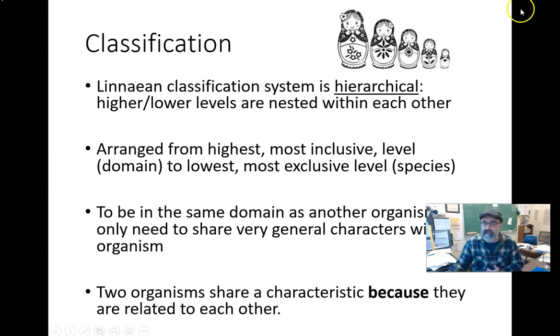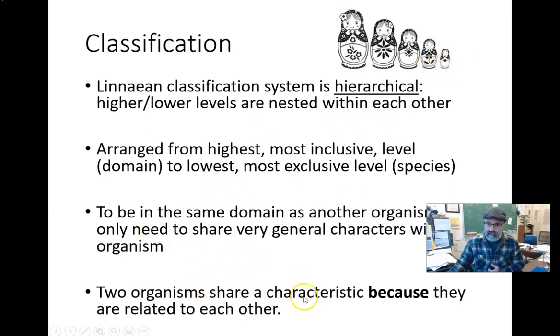Okay, so similar to Russian dolls, we have big groupings that are very inclusive. So you are in the same domain if you have a nucleus, right? And then we drop down into kingdom, phylum, class, order, family, genus, species. And as we go lower and lower, you have to have very specific characteristics in order to be included in the same genus, perhaps, or the same species.